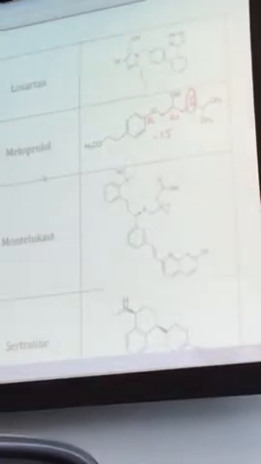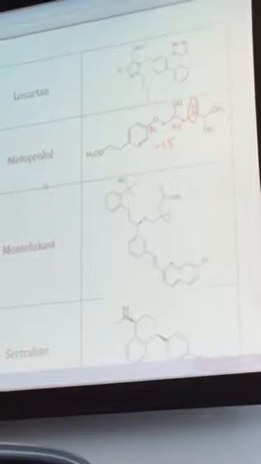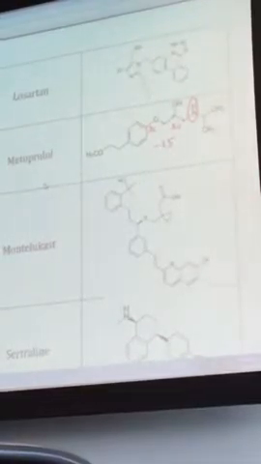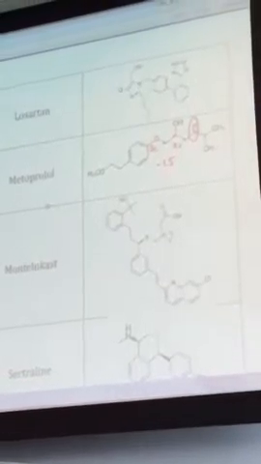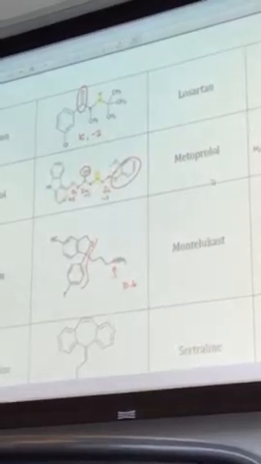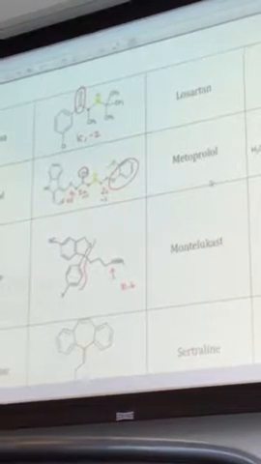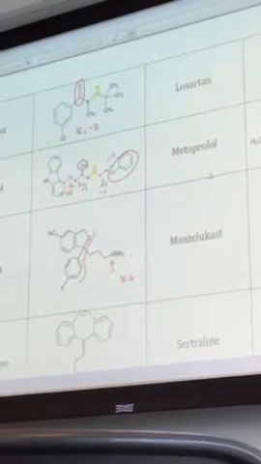Montelukast? Yeah, carboxylic acid, right? So what would we subtract for this? We actually have 1, 2, 3 carbons away.